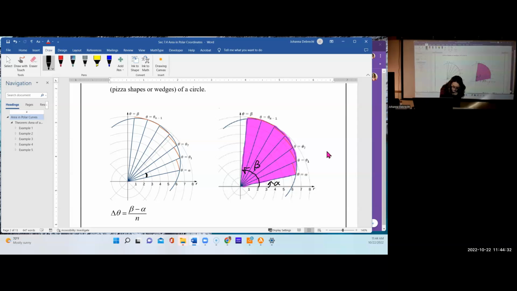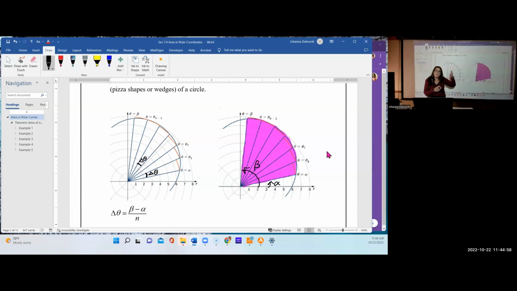Maybe it'll be more clear. This is delta theta, and this is also delta theta. So delta theta is the angle measure of each individual sector. Now, they don't all have to be the same. We found this in Riemann sums as well, but it is true that the widest one has to go to 0 as we increase the number of sectors.